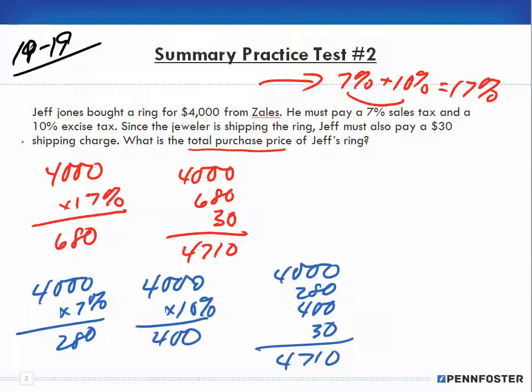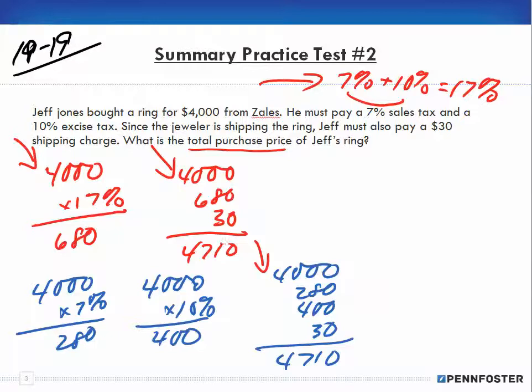So I only did one calculation here, and I only had 3 numbers to add together instead of 4, like over here. Okay, so what's happening here is there's an efficiency factor. I'm taking less time to do the problem because mentally I can add 7 and 10% really quick, and I have less numbers to be punching in, so I'm less prone to make mistakes.